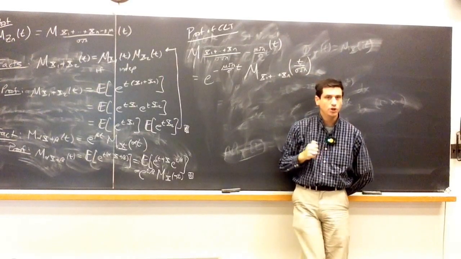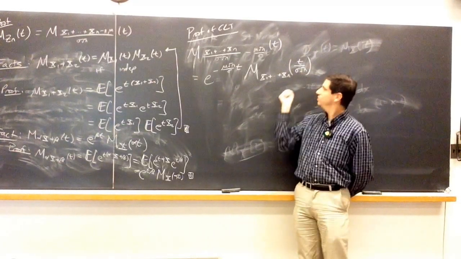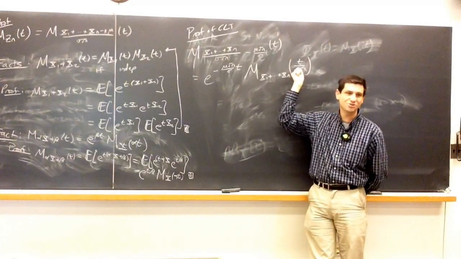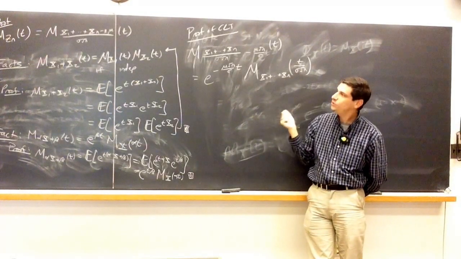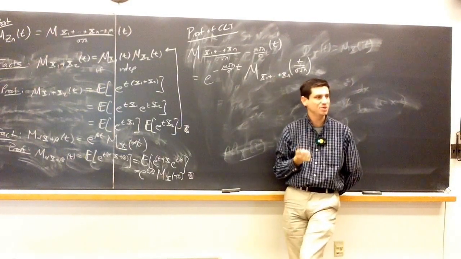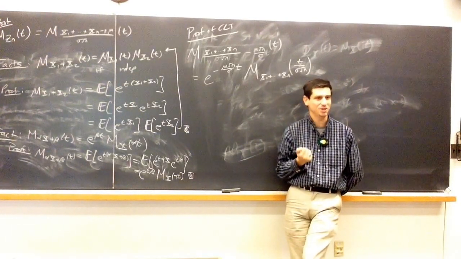So let's try to think about what's going on. As n gets very, very large, we're evaluating the moment generating function essentially at what point? 0. If you ever have to choose a point to evaluate the moment generating function, where would you choose to evaluate it? 0.